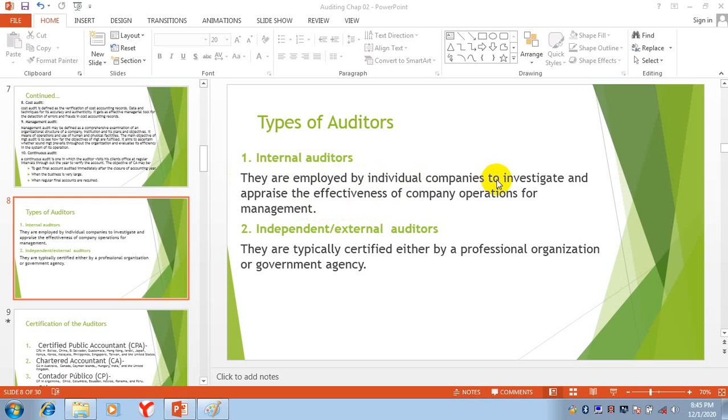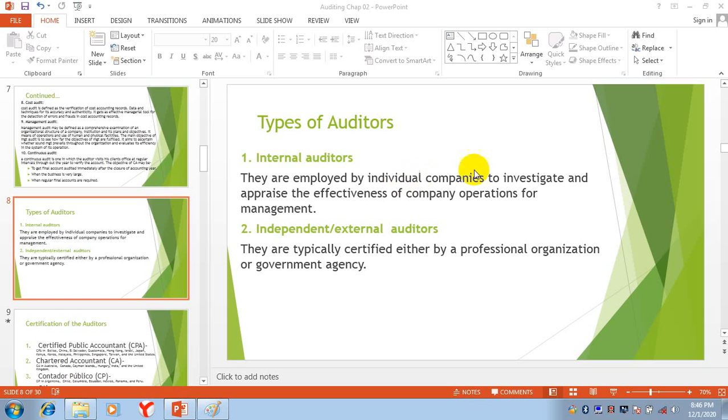And why are they doing this? One thing is investigation and appraisal of the effectiveness of company operations, and the second purpose is that they are regularly there to check whether the operations of the company are effective or not. They are helping the management in checking the efficiency of the operations.